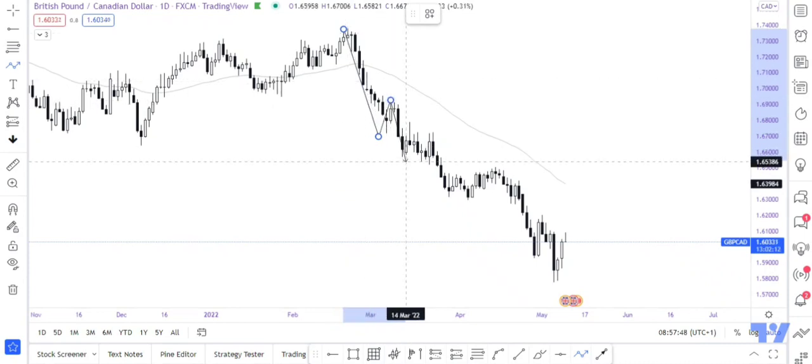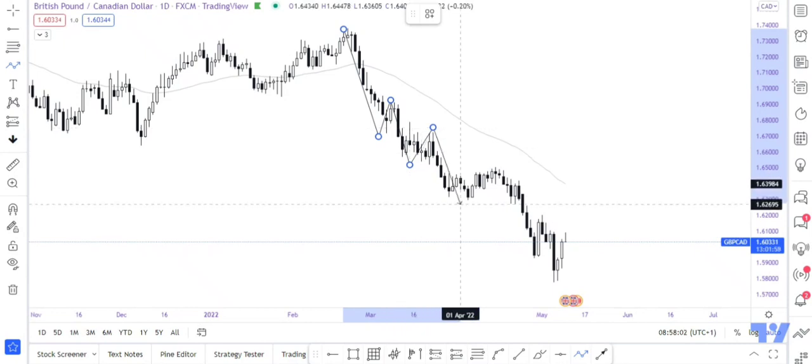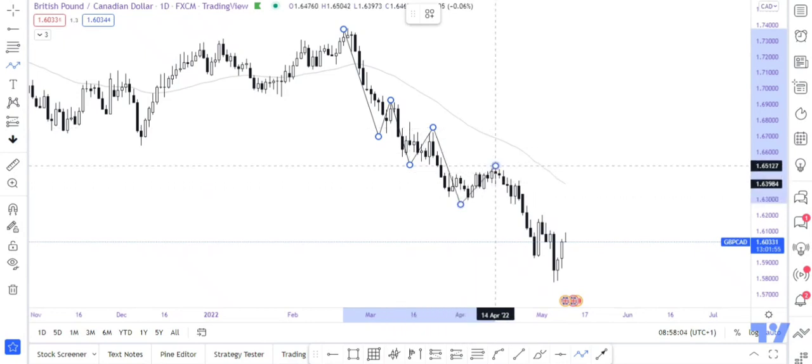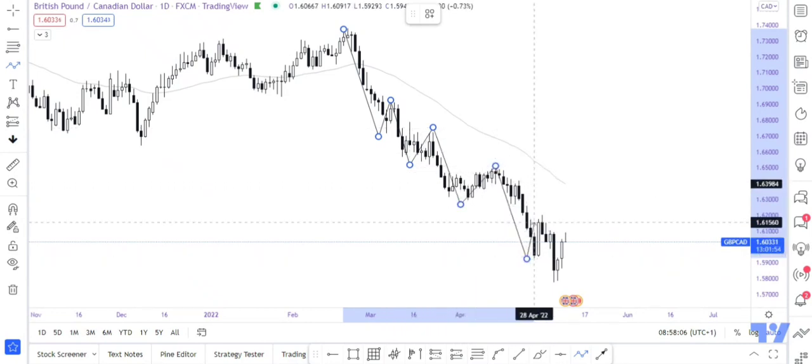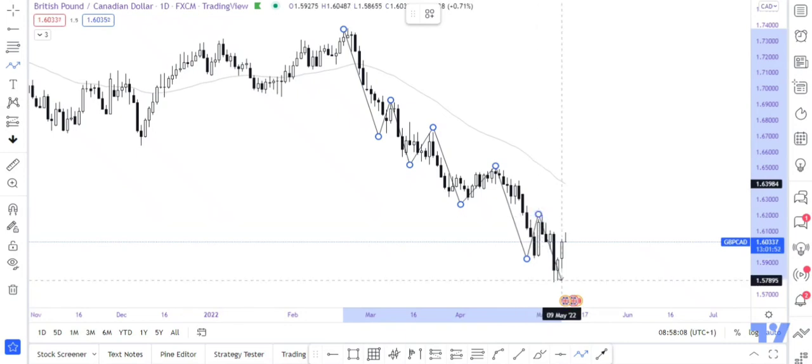It then created a low that was lower than this previous low and created a high lower than this previous high. So at this time, we could say that the market is in a downtrend because it's creating a series of lower lows, lower high, lower low, lower high, and lower low, and the lower high, right?